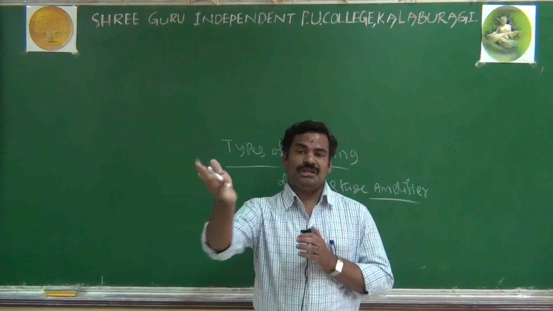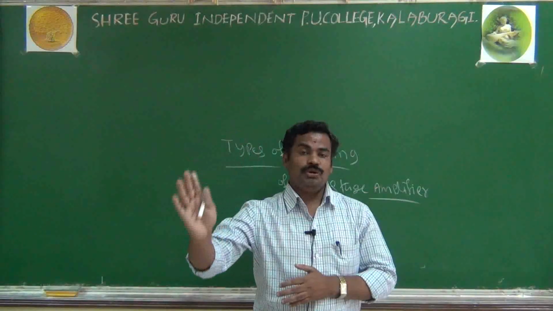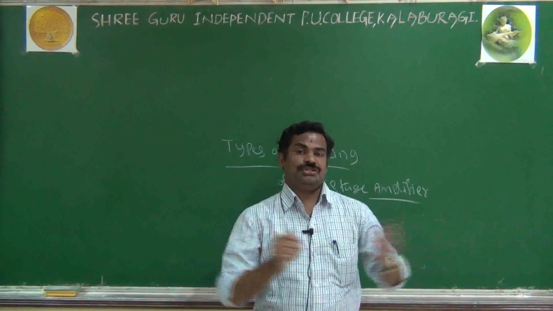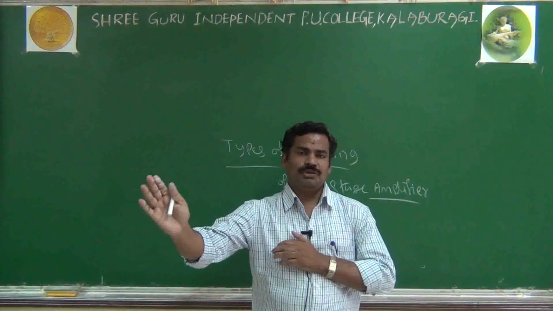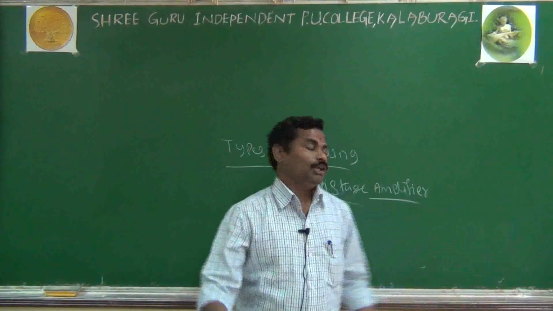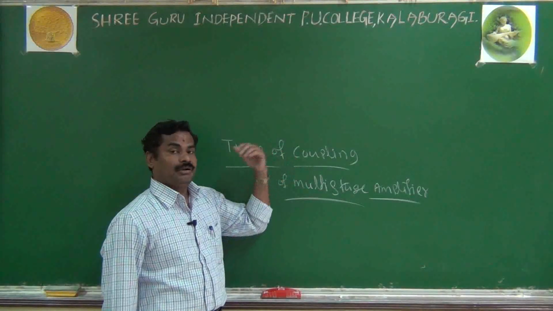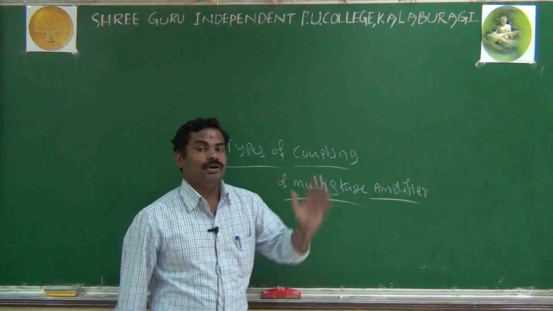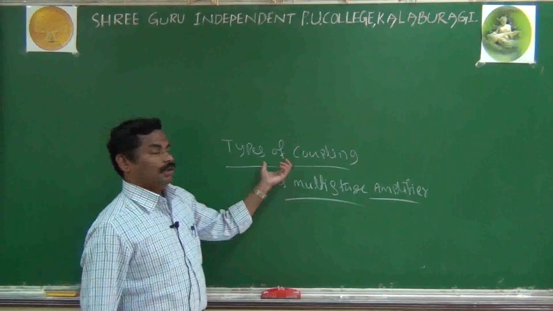One stage is connected to another stage, and the output of one stage acts as the input of the next stage. How to connect the output of one stage to the input of the next stage? By the technique of coupling, we can give the output of one stage to the input of the next stage.